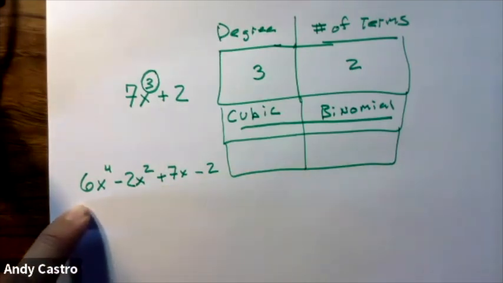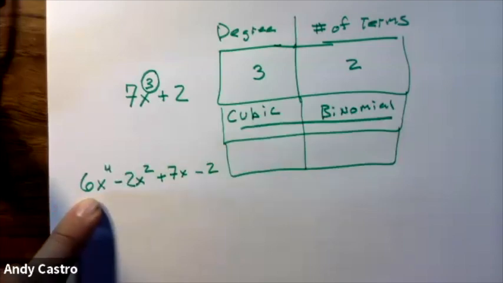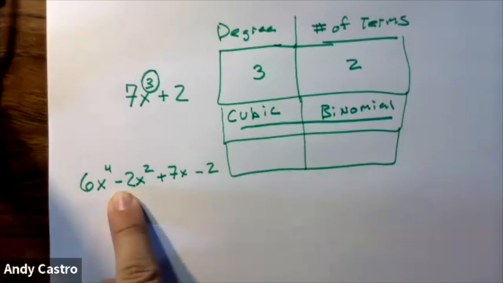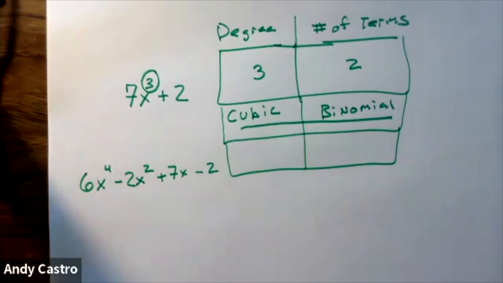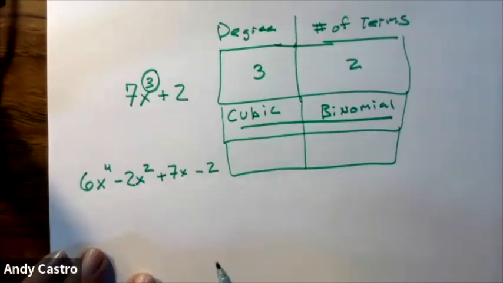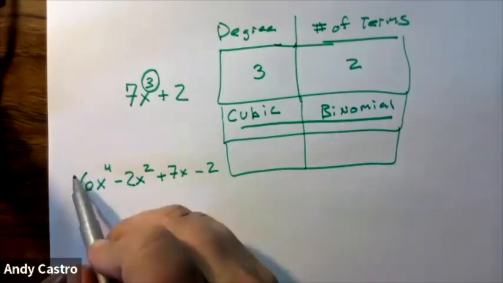When you have the answer, go ahead and message it. 6x to the fourth minus 2x squared plus 7x minus 2. How many terms? Nobody has any idea? Well, let's count them. How many things are we adding or subtracting?